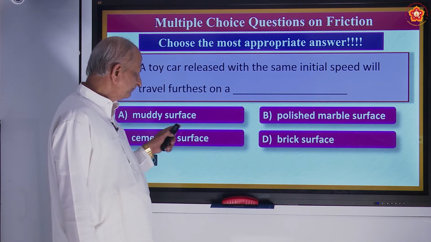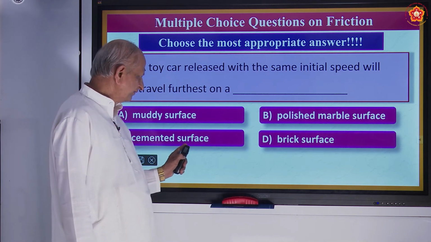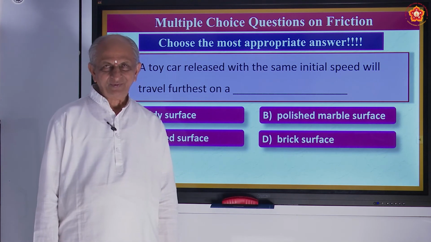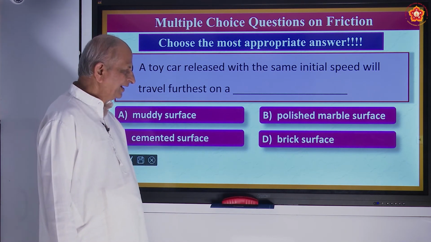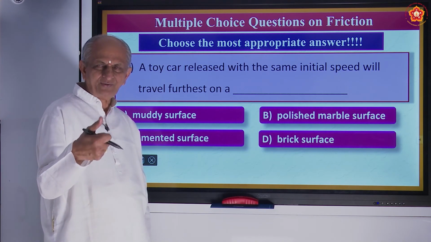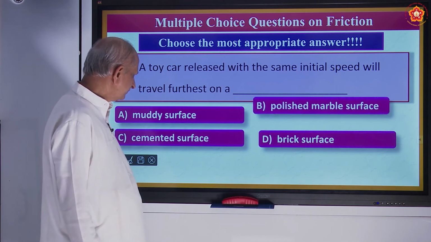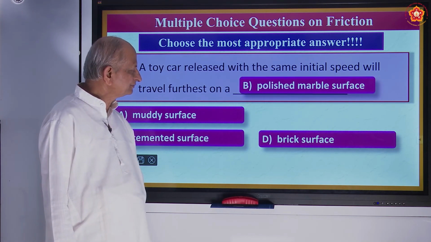Muddy surface, polished marble surface, cemented surface, brick surface. Where does the car move faster? The answer is 5, 4, 3, 2, 1. Polished marble surface. Correct?